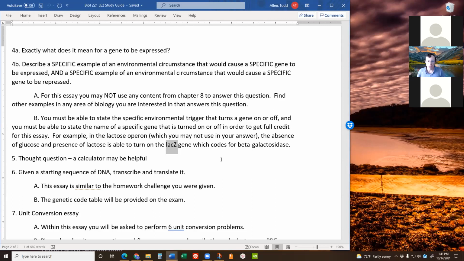Maybe you're interested in genes that get turned on or off during a disease process, like multiple sclerosis. Maybe you're interested in genes that are turned on or off during the menstrual cycle, or during the production of sperm, or during the flowering of a tree. Whatever it is, I don't care.